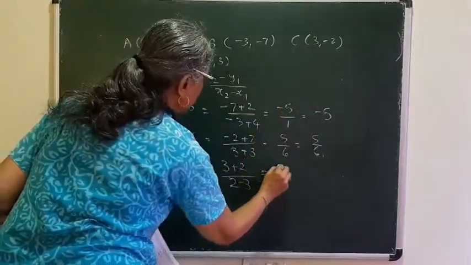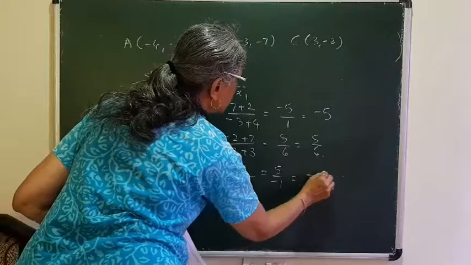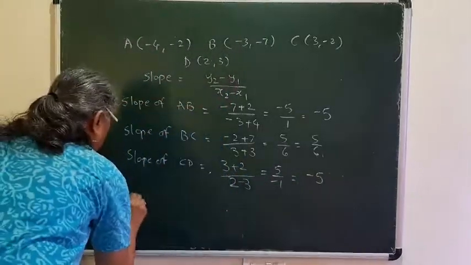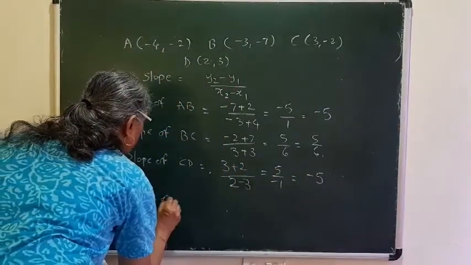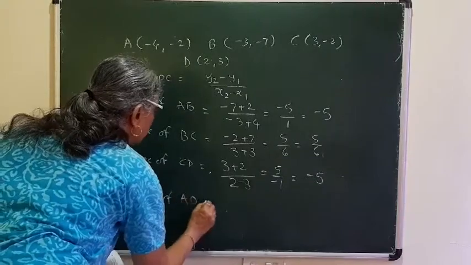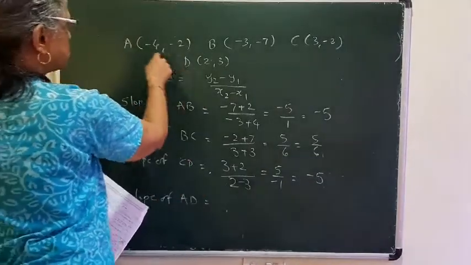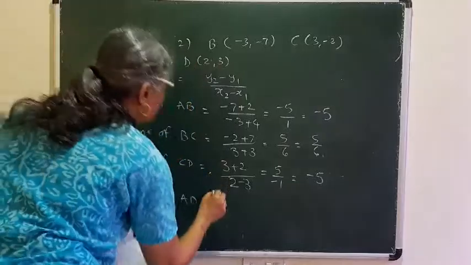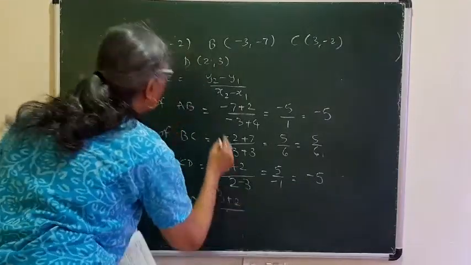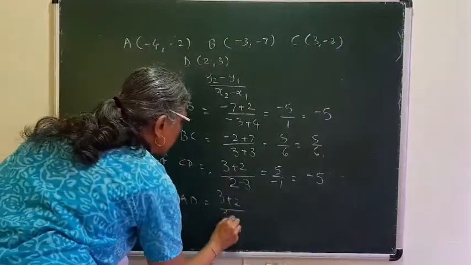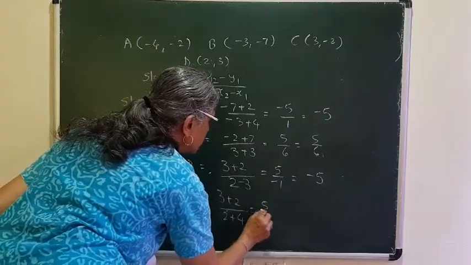Got it. So 5 upon -1, so it will be -5. Then slope of AD, y2 minus y1 upon x2 minus x1. So 5 upon 6.